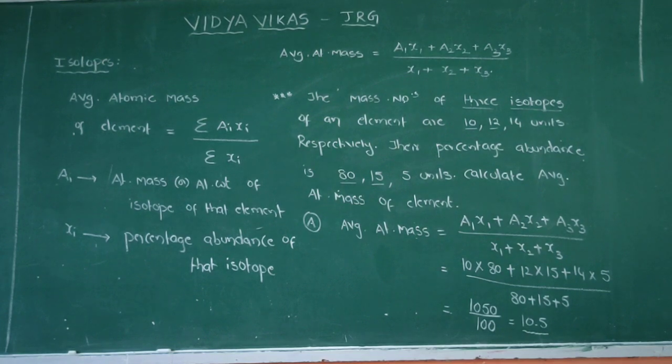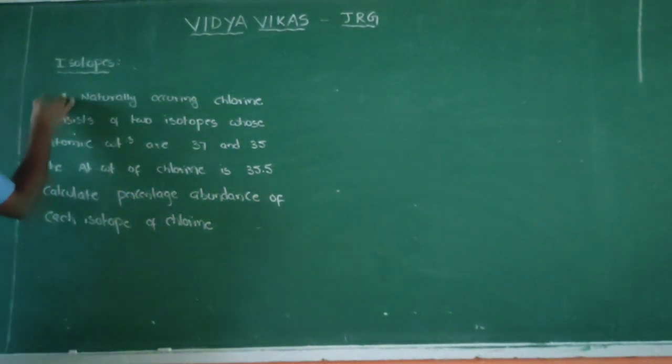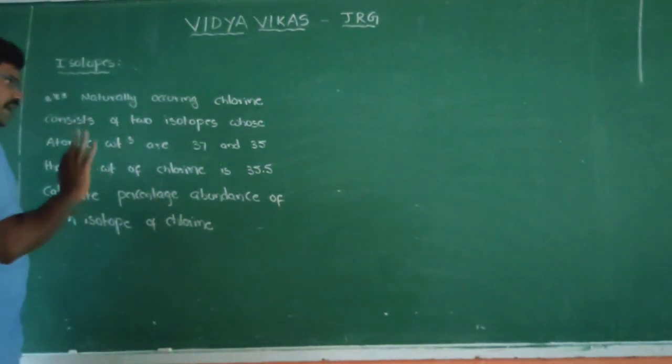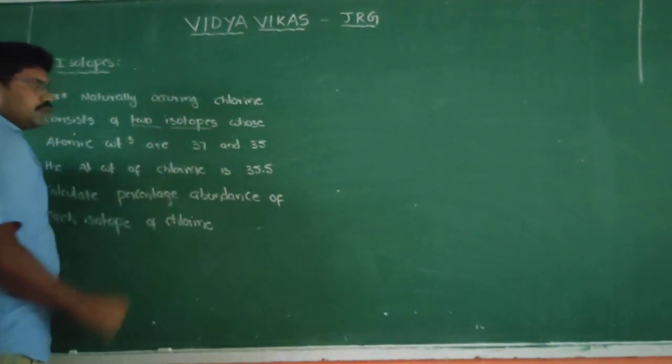Very, very important one, students, from an examination point of view, this type of model problem. Students, here we have another important problem from an objective point of view. This is from previous examinations, mains and NEET particularly. The thing is, it is already given that chlorine exists in 2 different isotopes.